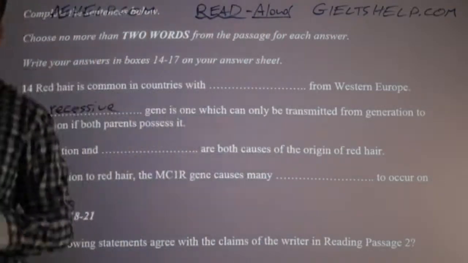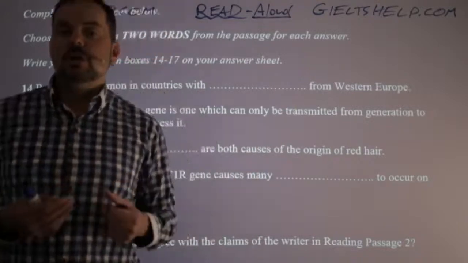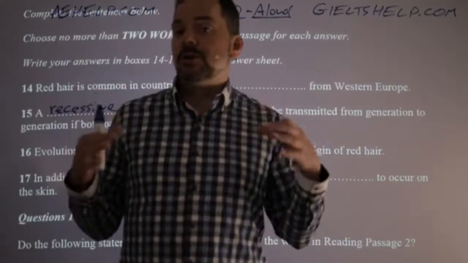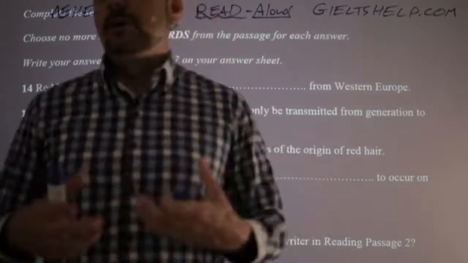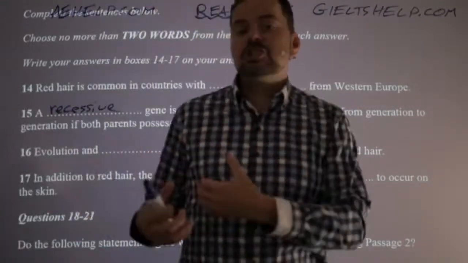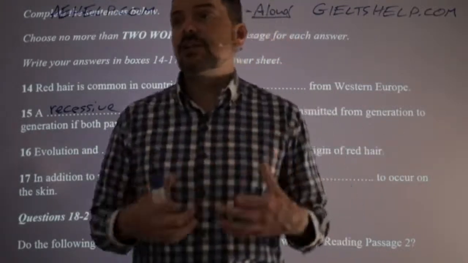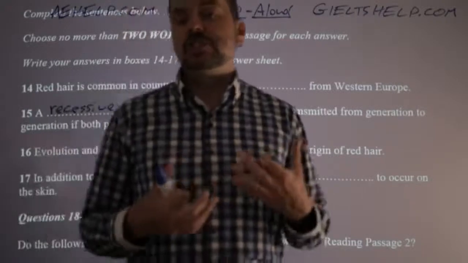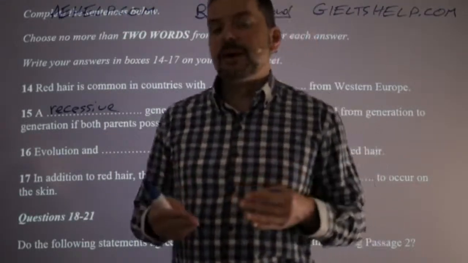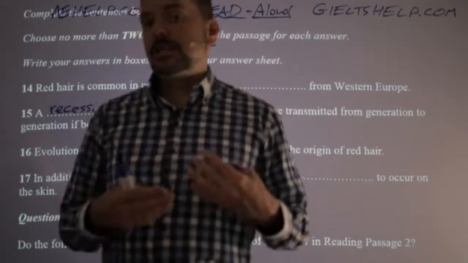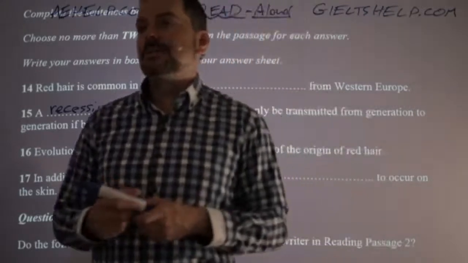By the way, students, what's the opposite of a recessive gene? A recessive gene is one where both parents need to have it in order for the child to potentially exhibit that gene. What is the gene where only one parent may have it and the child can exhibit that gene? This is just some basics of grade 10, grade 11 biology, and it is a good idea to refresh some of this knowledge if you're going to do the academic IELTS exam.